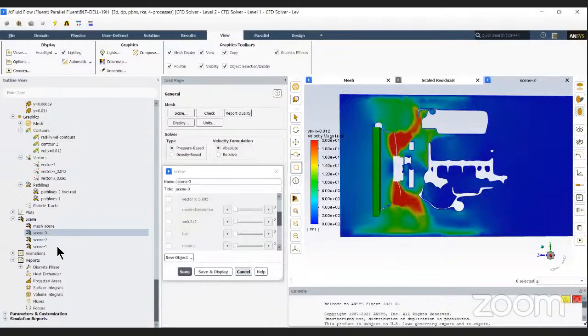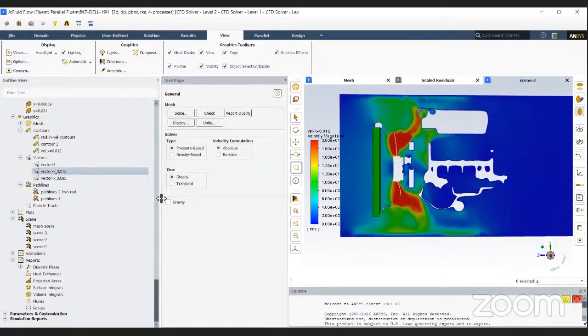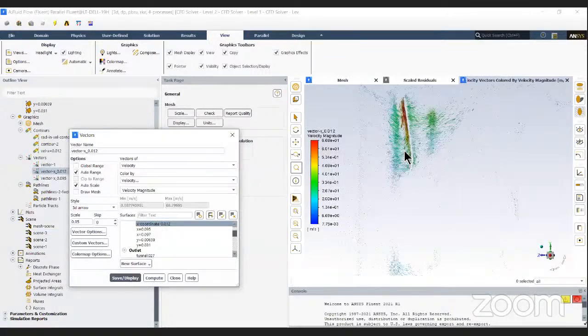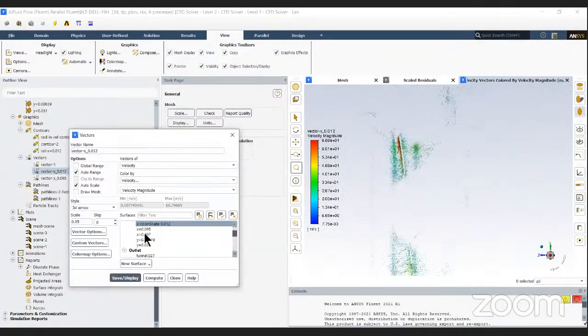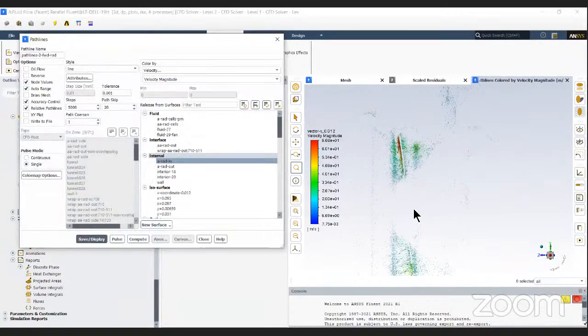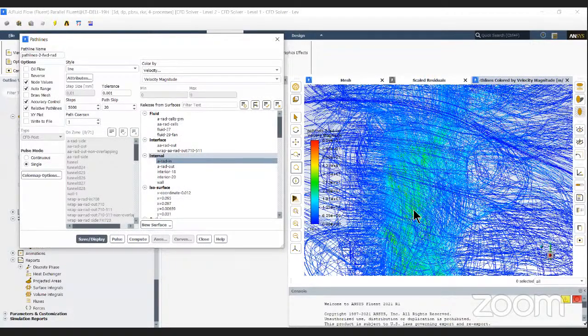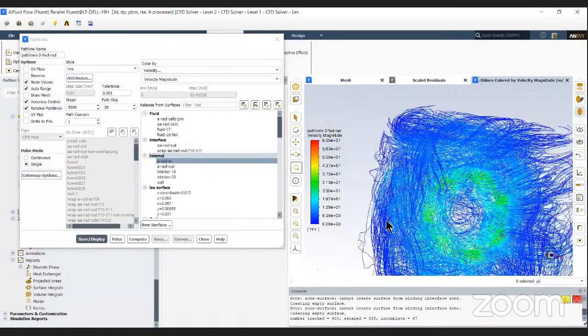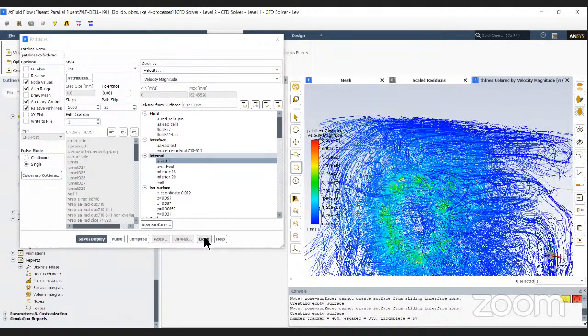You could also look at vectors as well. You could also look at path lines. These path lines can be forward or reverse in direction.